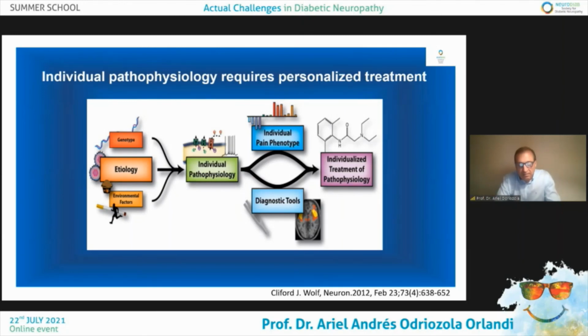The individual pain phenotype transforms diagnosis from the disease, because we can understand mechanisms and we get a very good tool to make a treatment in the right direction and not an empirical treatment.